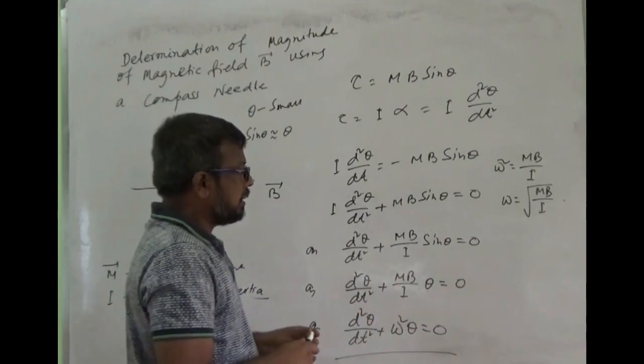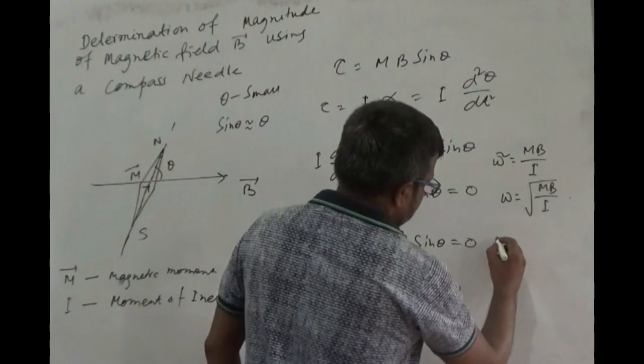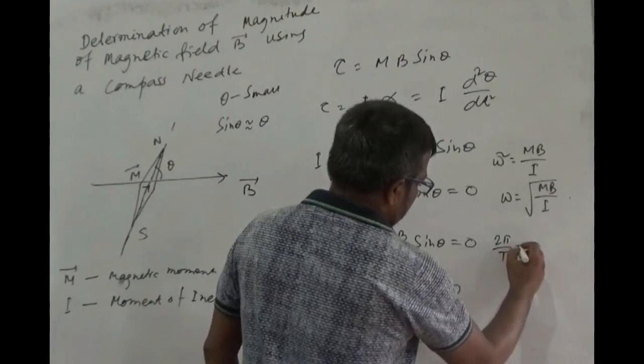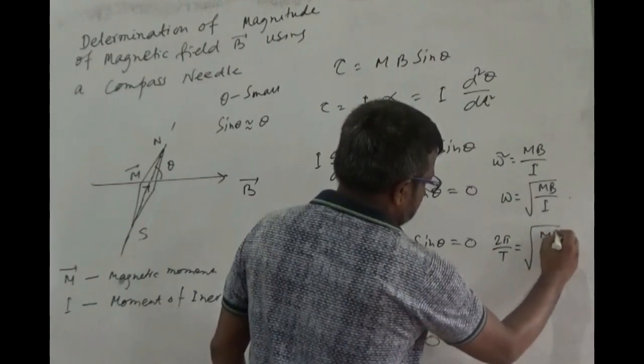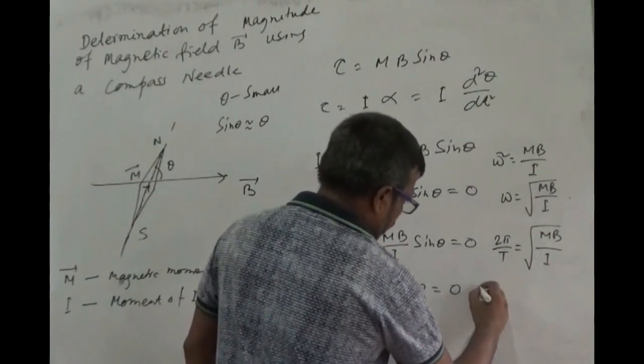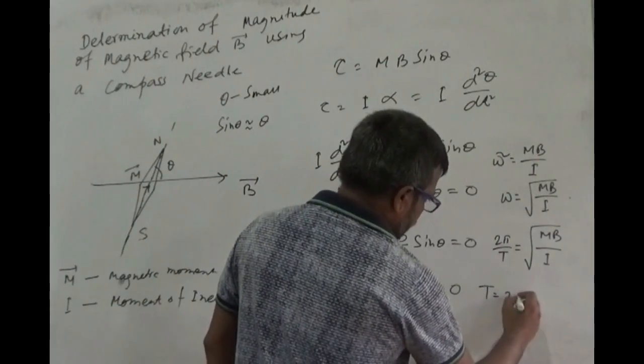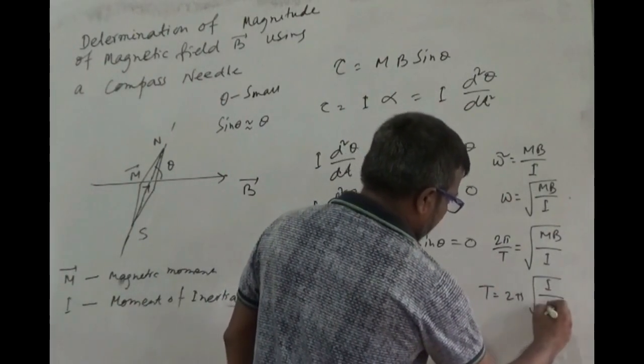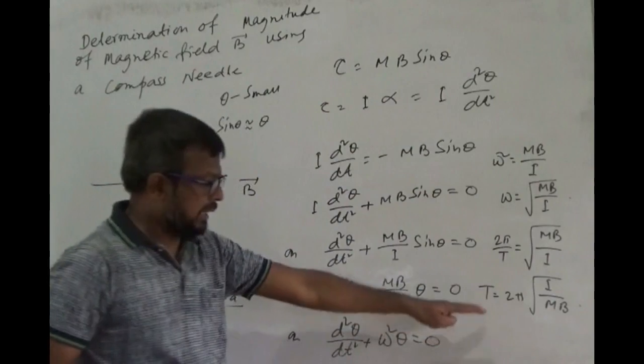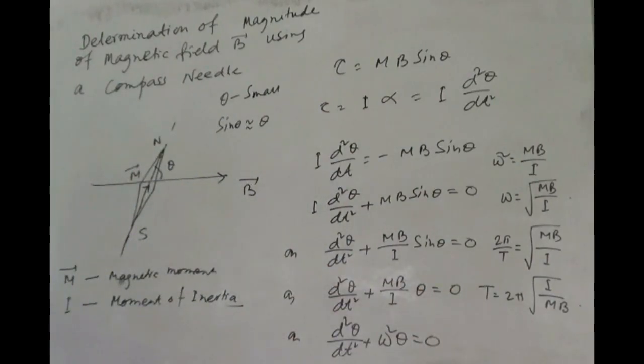From here you can also write omega equals 2 pi by T, so T is equal to twice pi root over I by MB.